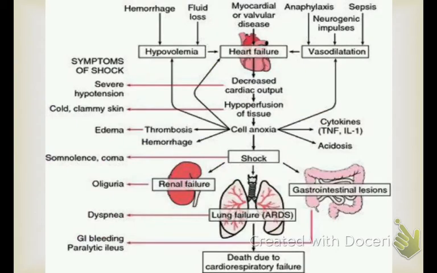So this is a little chart in your book, kind of talking in general about everything that's happening. As you'll see with most of this, normally the sympathetic nervous system's activated, right? Because it wants to preserve that blood flow. It wants to get that blood out to the tissues, because if it gets blood out to the tissues, it's getting oxygen and nutrients out to the tissues.